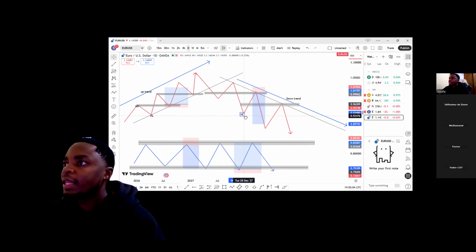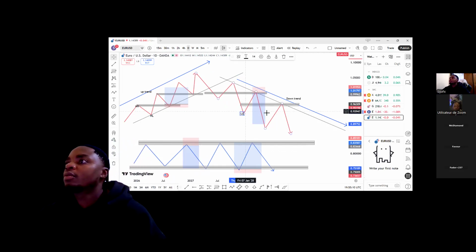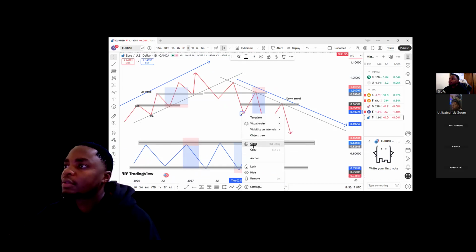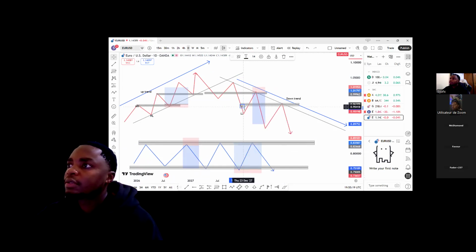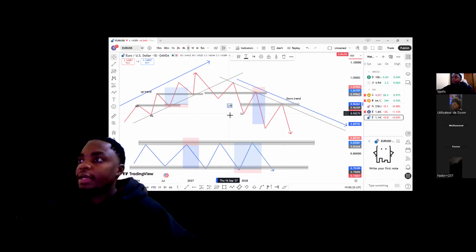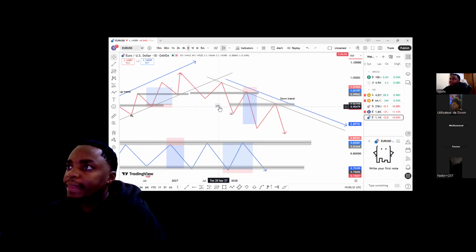This one is LL, lower low, and this one is LL and HL, and LH, lower high.